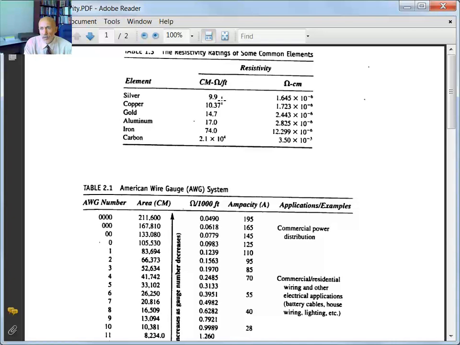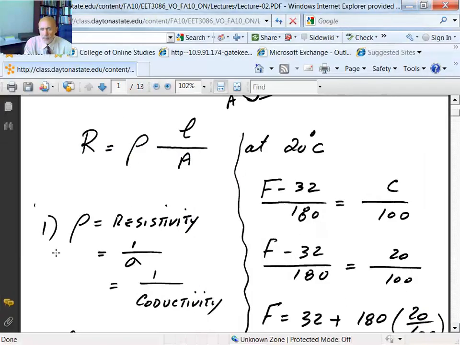Silver is 9.9, and that's in terms of feet; we'll talk about it in more detail, how you calculate the resistivity. And copper is, of course, silver is relatively very expensive, so they use copper, which is 10.37. It has the largest resistivity.